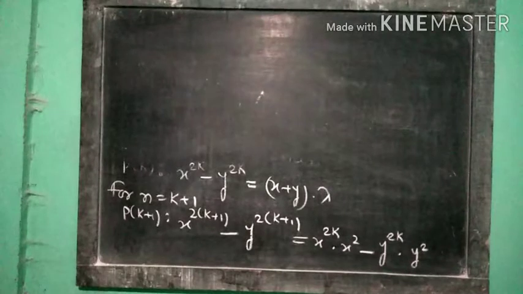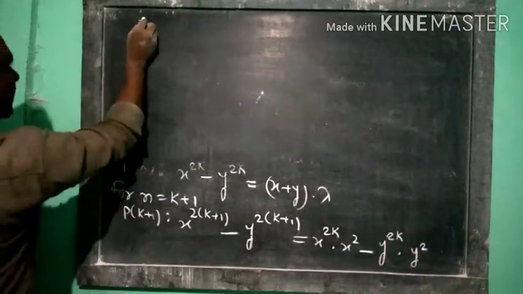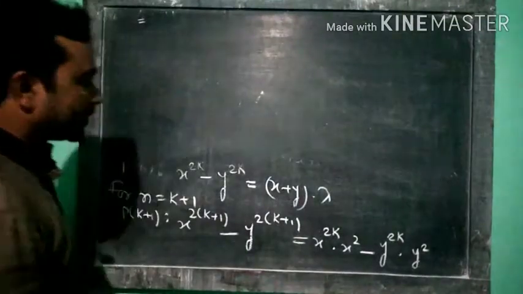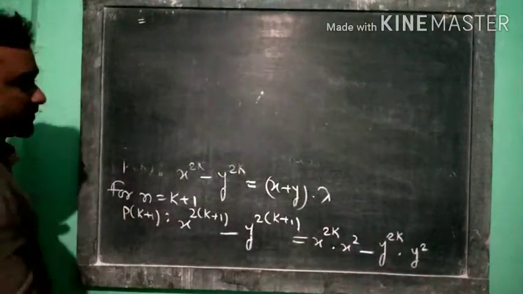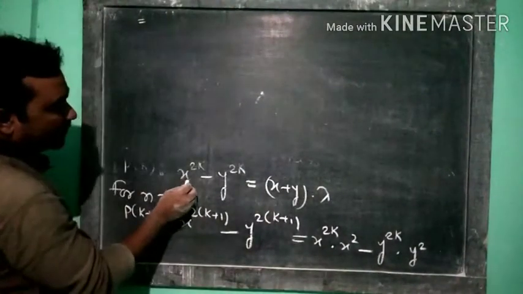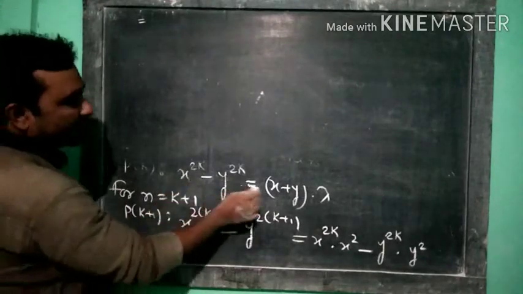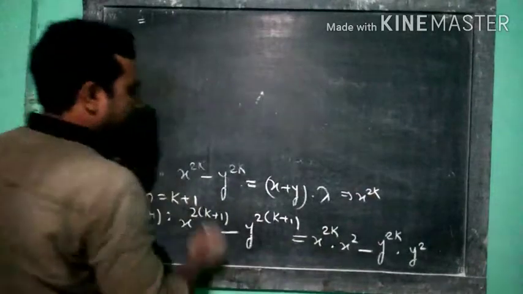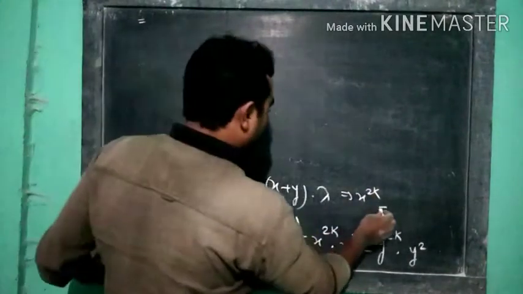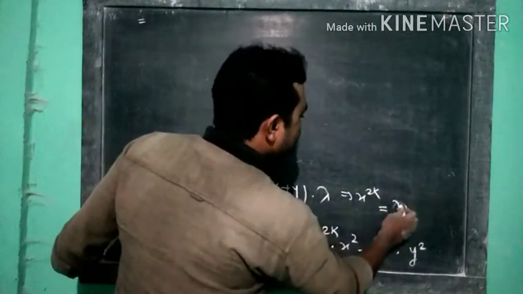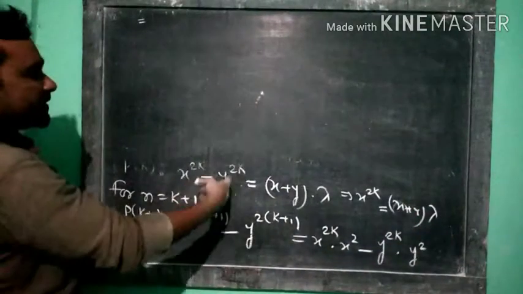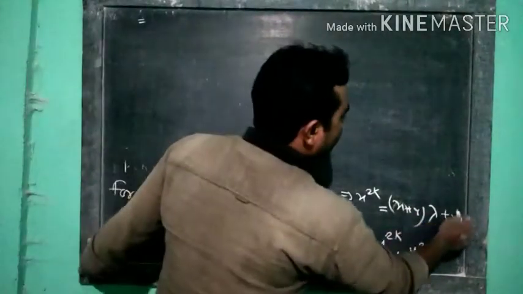So this implies that we can get the value of x to the power 2k from the earlier equation and put it here. We get x to the power 2k equal to x plus y into lambda, and if we change the sign, plus y to the power 2k.